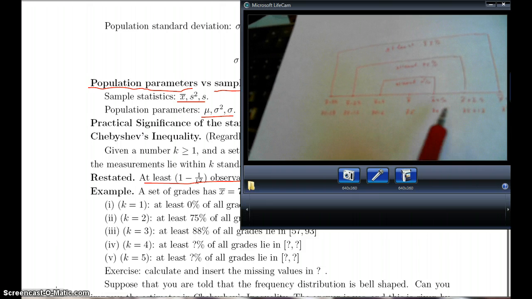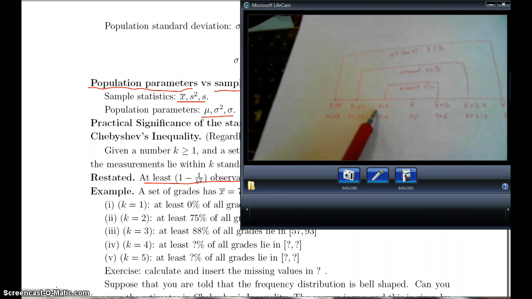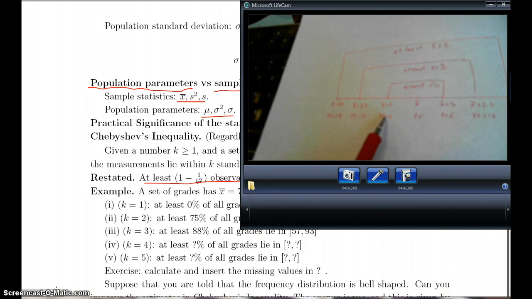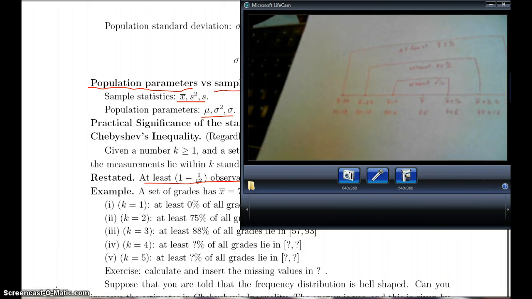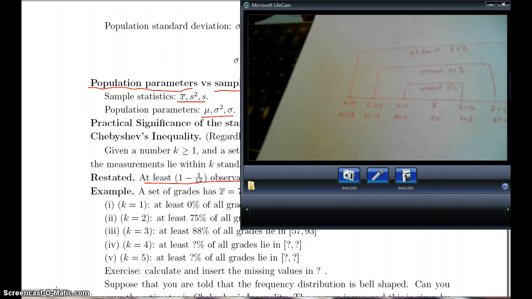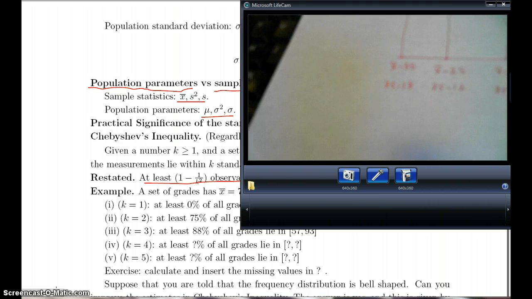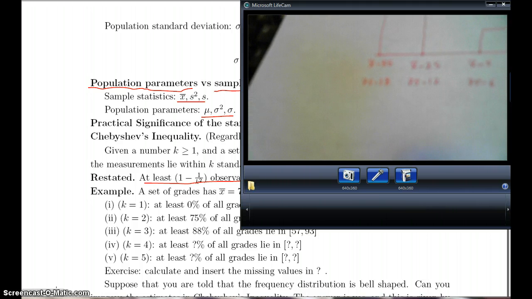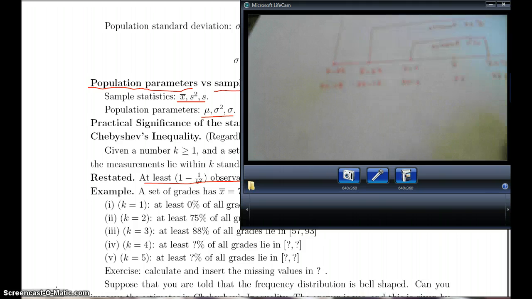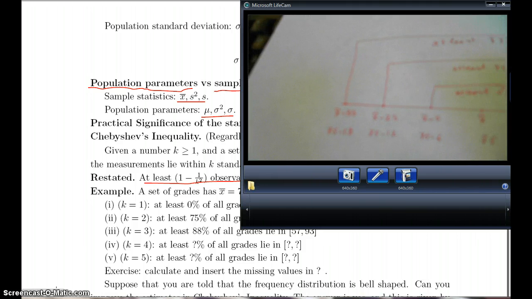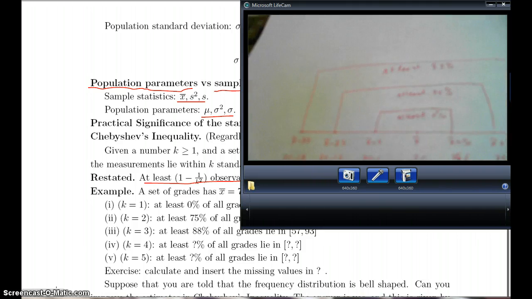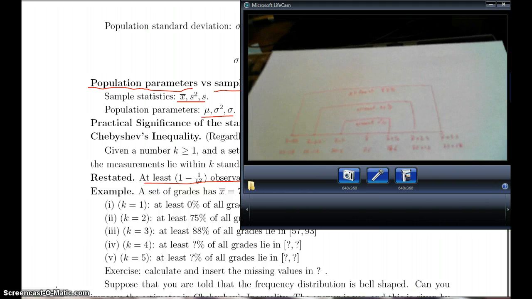Here I have 3 standard deviations. Here I go below 1 standard deviation, so that's 75 minus 6. I have 75 minus 12 here, and then 75 minus 18. Let me fix this, 75.